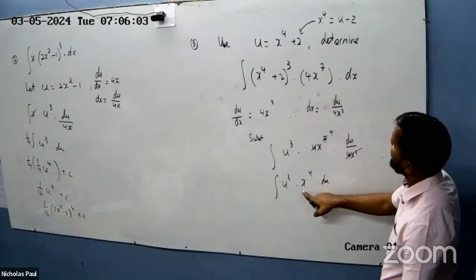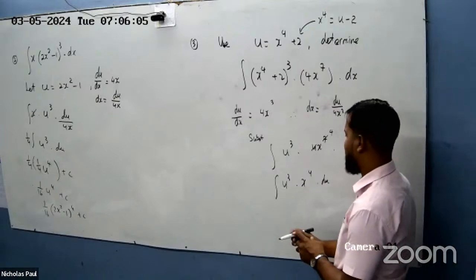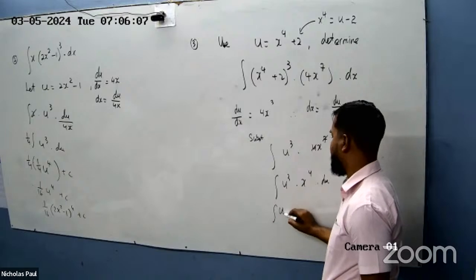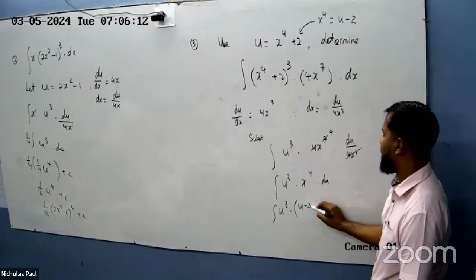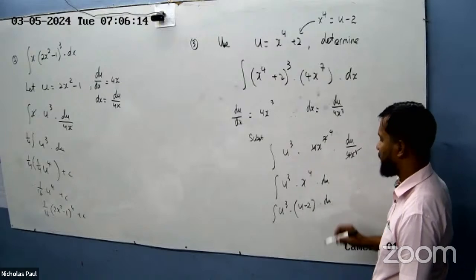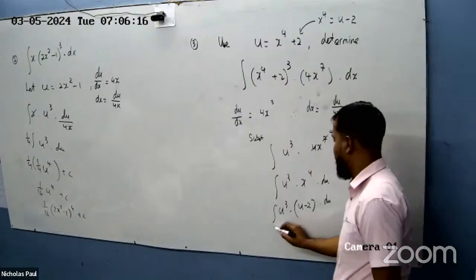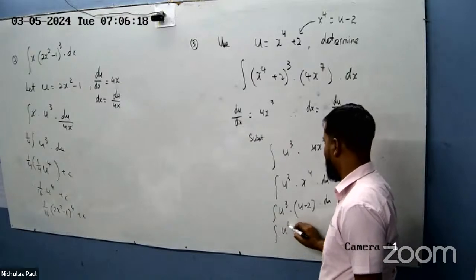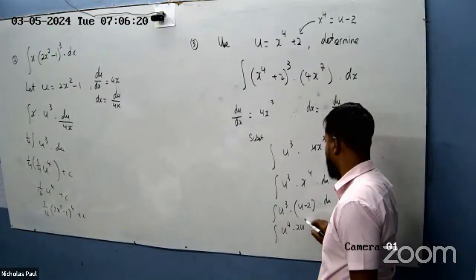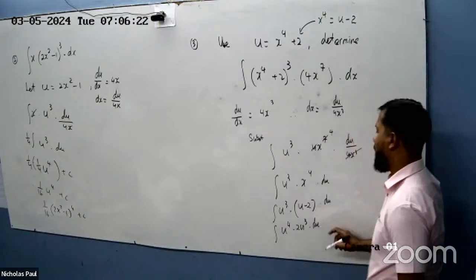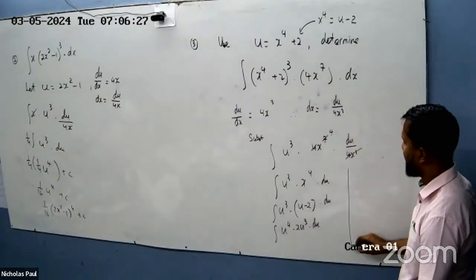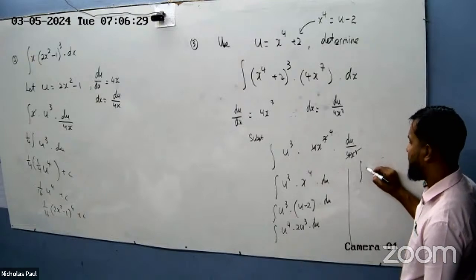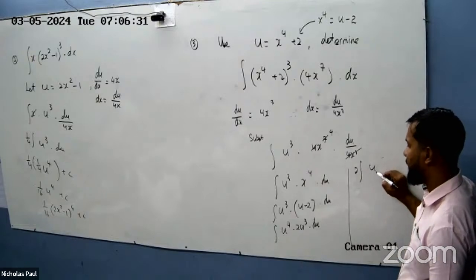So taking x to the 4th, I'm going to write u cubed, x to the 4th is u minus 2 dot du. Then you multiply it out, you'll get u to the 4th minus 2u cubed du. Now we have everything with respect to u, we can go ahead and integrate.